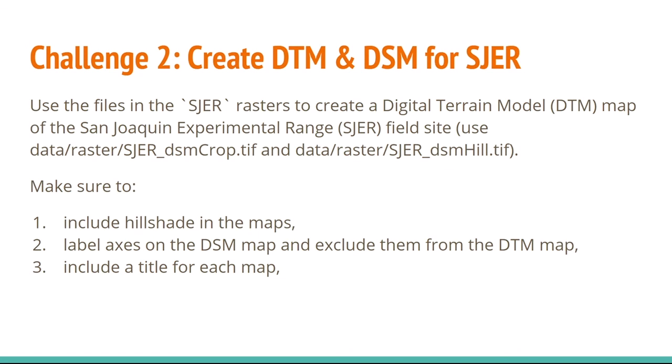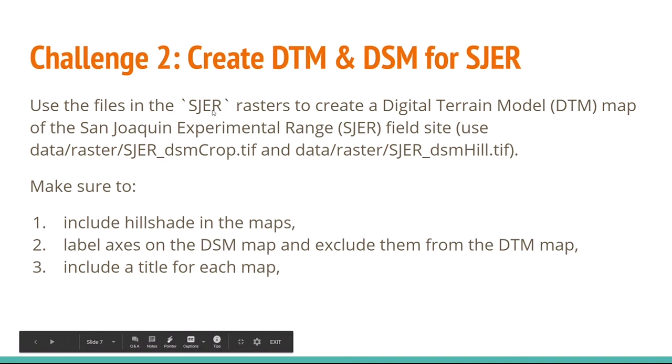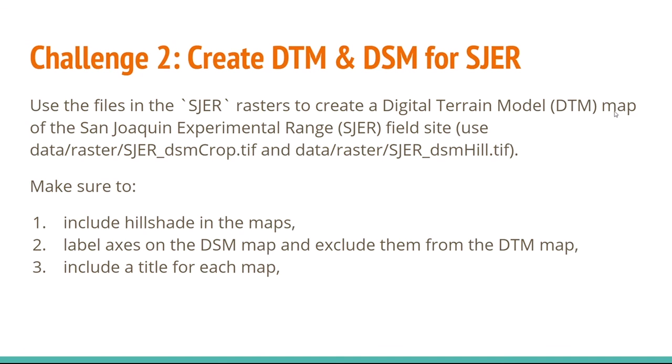Use the files in the SJER rasters to create a digital terrain model, DTM, map of the San Joaquin Experimental Range, SJER, field site. The rasters can be found in the folder data/raster. The first one is SJER_DSMcrop.tif and the other is data/raster/SJER_DSMhill.tif. These are the two rasters you're going to use for this challenge.